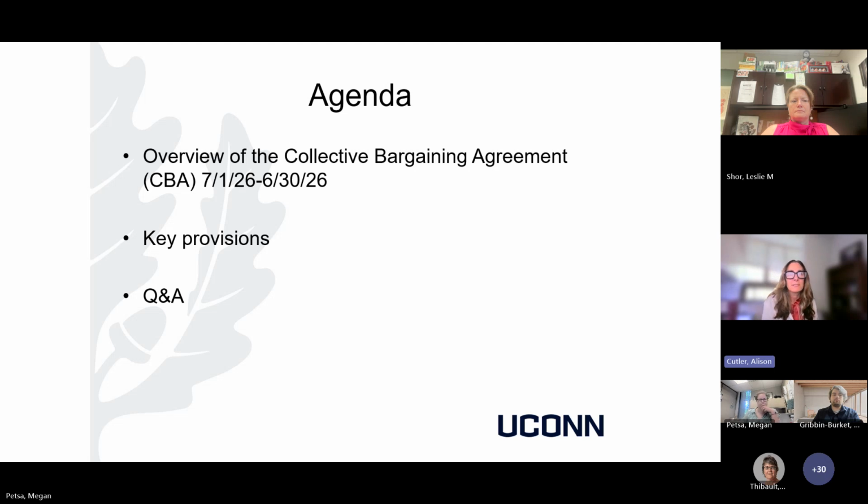What we're going to do today is highlight the key changes in the contract. Some of them might not necessarily be applicable to certain departments. There were a lot of minor changes in the contract, but we just want to highlight the bigger changes that are applicable to you.